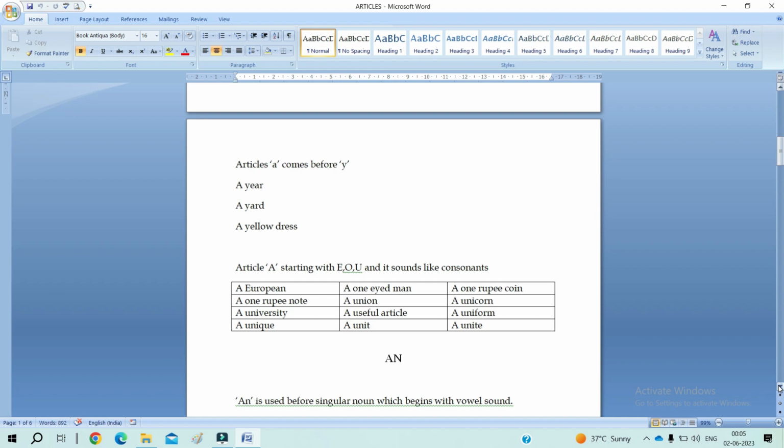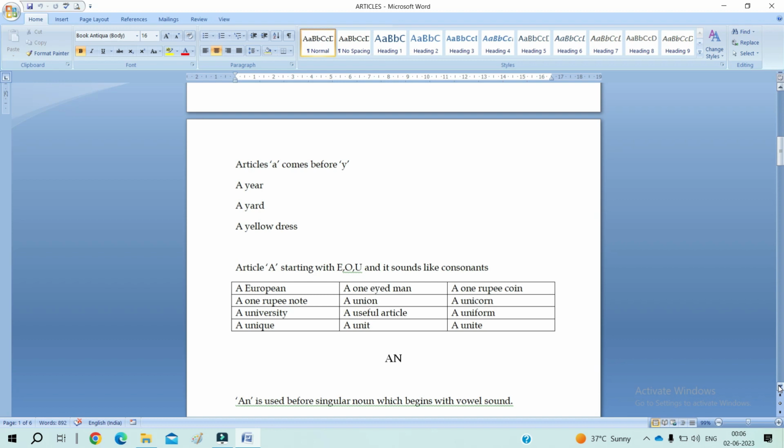A European. It begins with a vowel, right, e, but sounds like a consonant, yu, European.